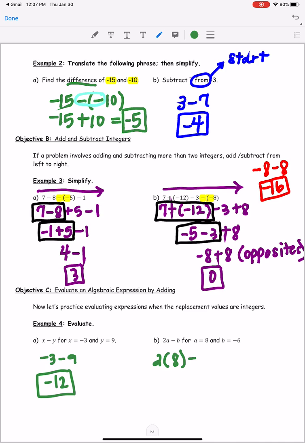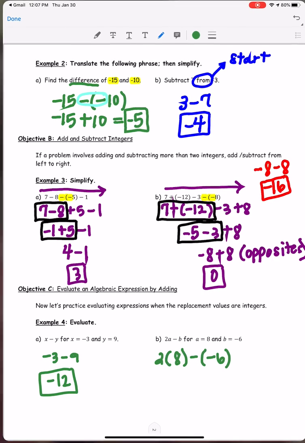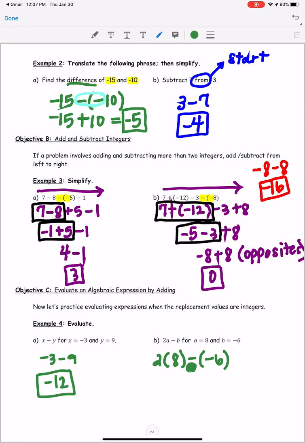But then what does b equal? Well, b equals a -6. So we have to minus a -6. Okay, this minus came from here, but this minus came from here. So you have a double negative. So this double negative here becomes a plus.